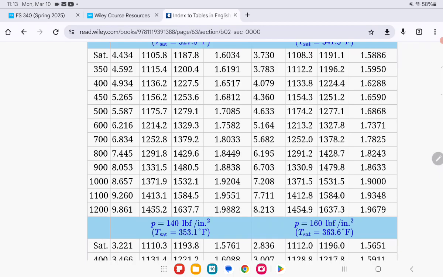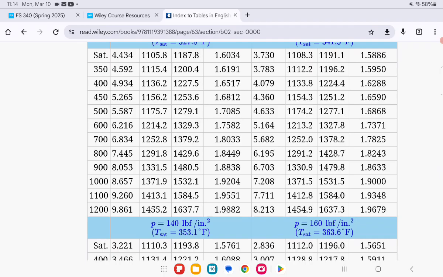The two temperatures I have to interpolate between are 1,000 degrees Fahrenheit and 1,100 degrees Fahrenheit, and my two specific entropy values are 1.9204 BTU per pound degree Rankine, and 1.9551 BTU per pound degree Rankine.